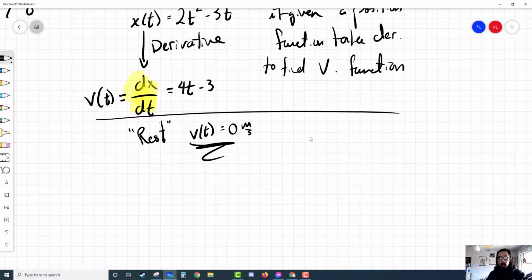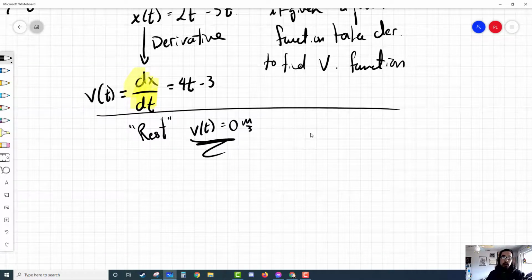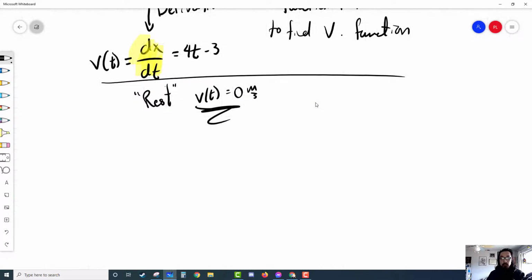So from there, we took it to the next level. We combined our knowledge of acceleration, and before we do that, let's define acceleration. Acceleration is the change in velocity over the change in time. That is the equation for average acceleration.